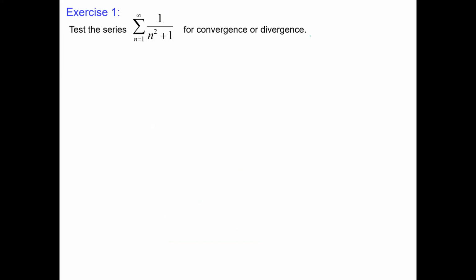If we compute the limit of this 1 over n squared at infinity, of course it's 0. If it's 0, we know nothing. We do have a chance for convergence, but we know nothing. That means the test for divergence is not applicable.